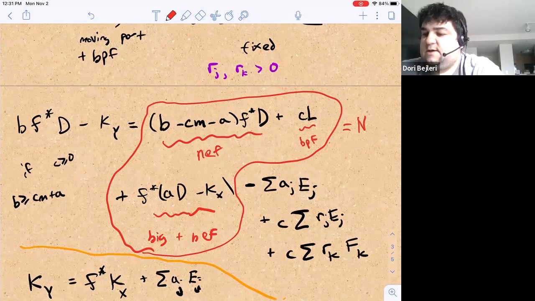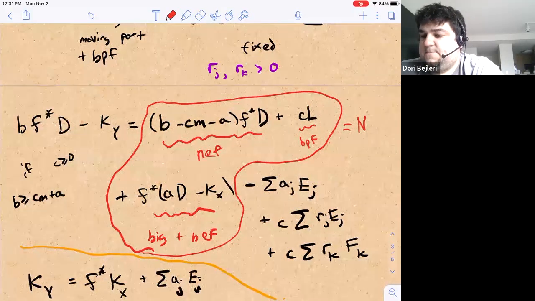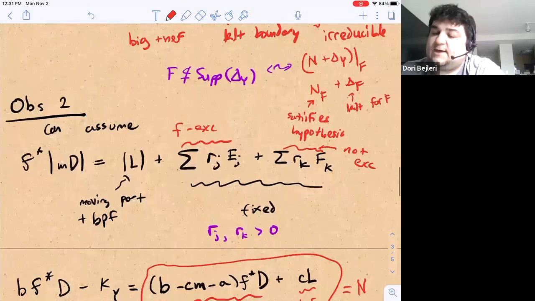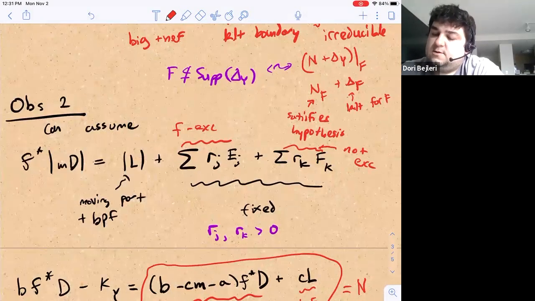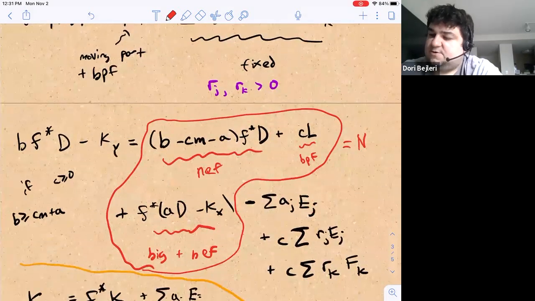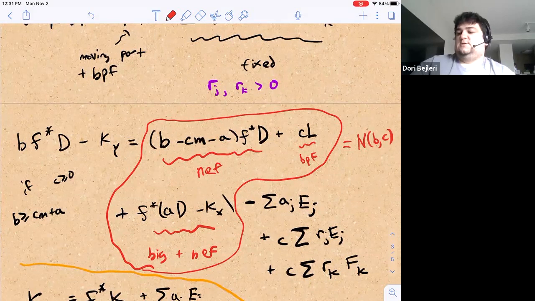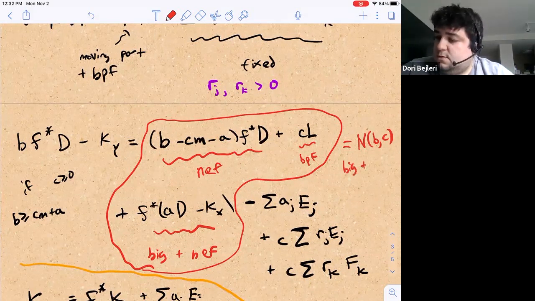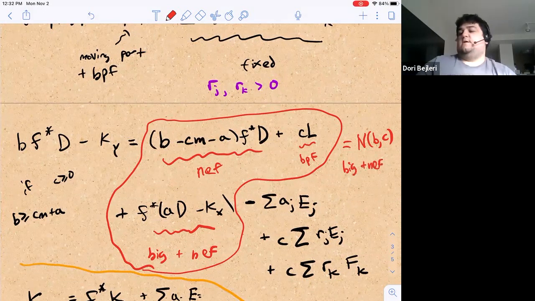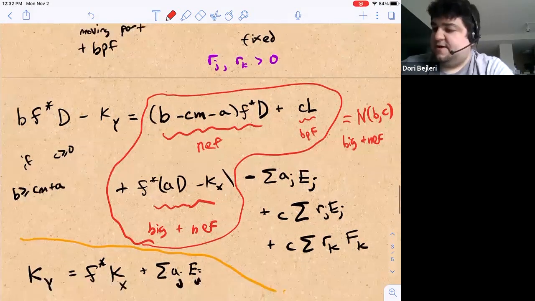M is also fixed because here we're picking an M. Well, I haven't said how we pick M, but once we fix M, then we write our pullback like this. So let's say M is fixed as well. And the things that we're really allowed to vary here are B and C. So we have this N that's big enough. That's this combination, and then we have to study what's left.